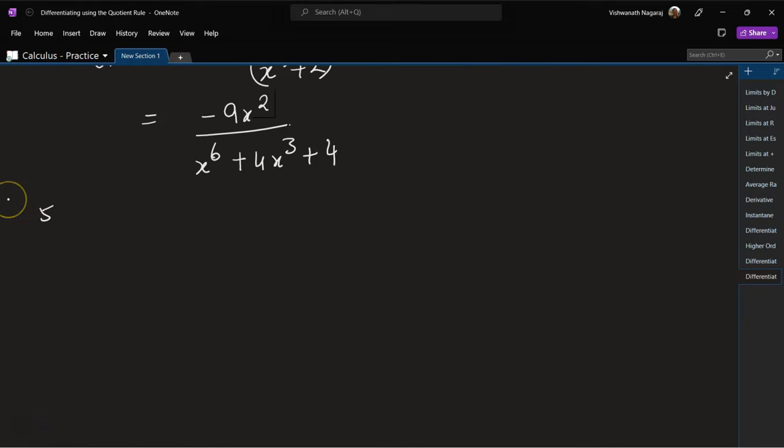Next is fifth one. Y is equal to 2 by 5x cube plus 3.